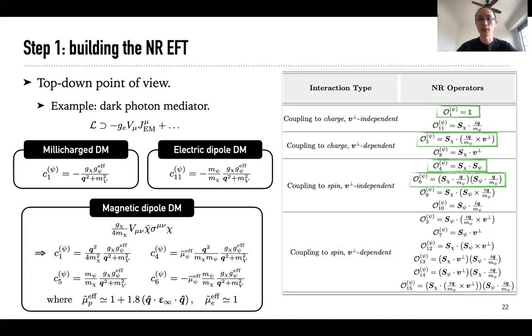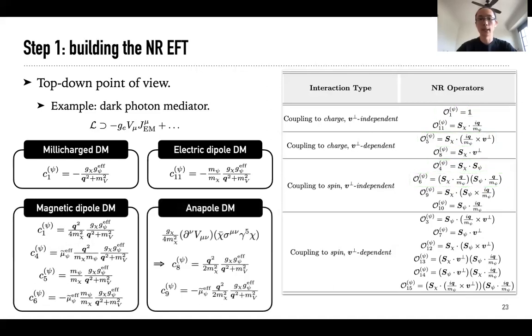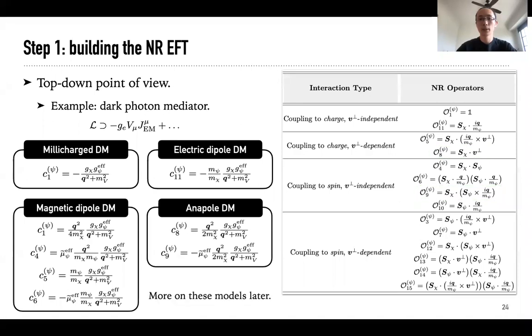In fact, there are 4 operators generated at leading order, and they fall into different categories. And finally, for an anapole coupling, we also have operators in different categories generated at leading order. So the procedure for doing this calculation is pretty clear, and I will talk more about these models later as we discuss the detection rates.